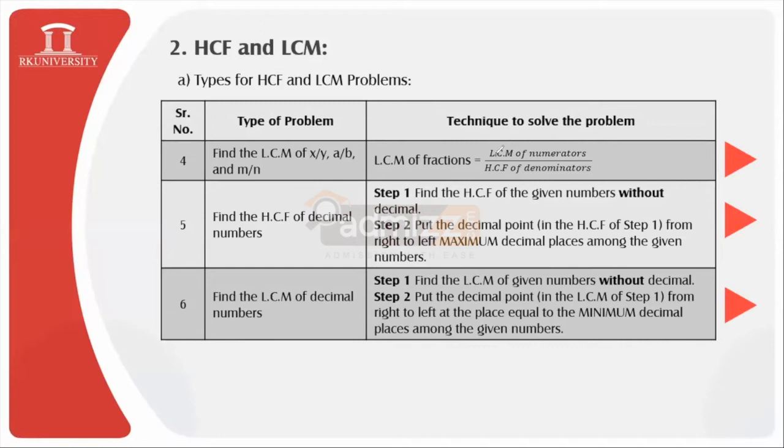In the previous case, we found the HCF of numerators and LCM of denominators. Now since we are supposed to find the LCM of the given fractions, we'll find the LCM of numerators and HCF of denominators.